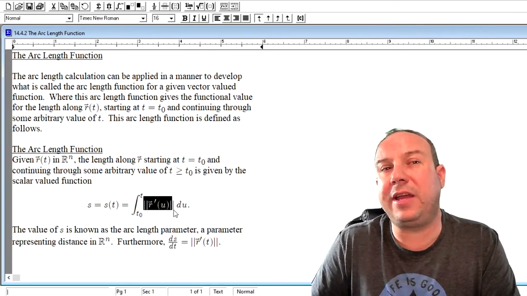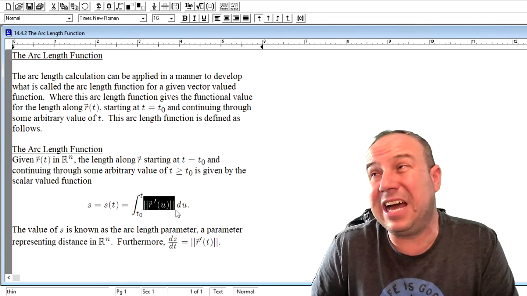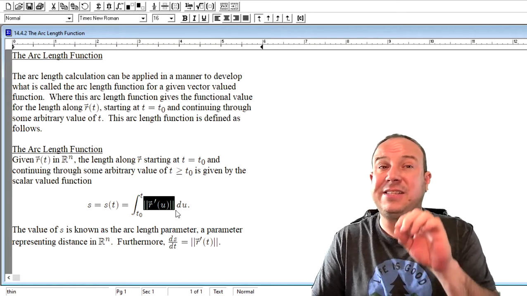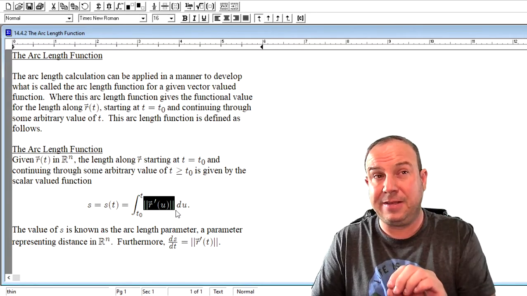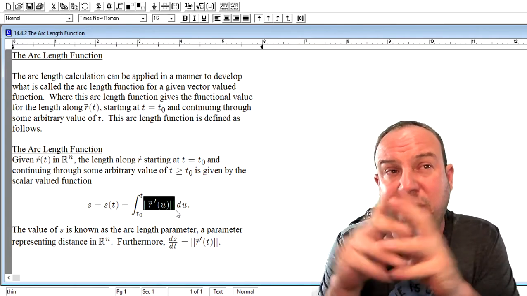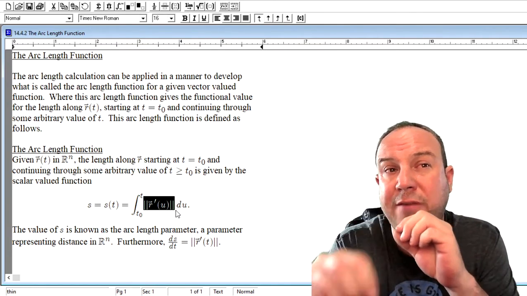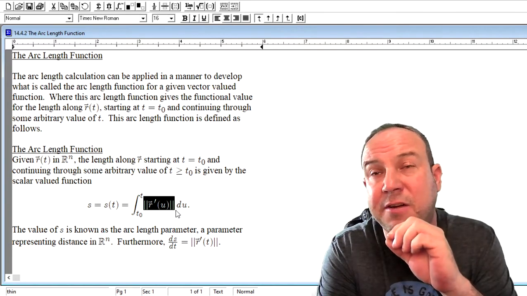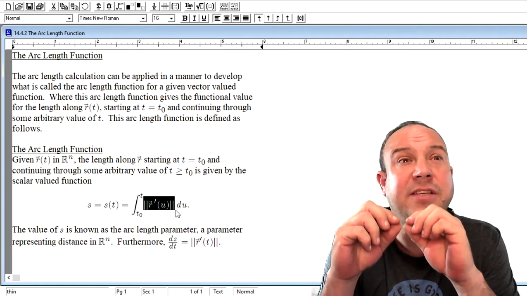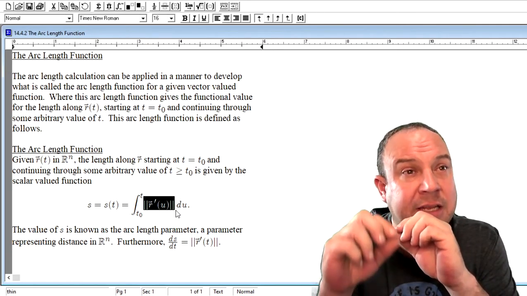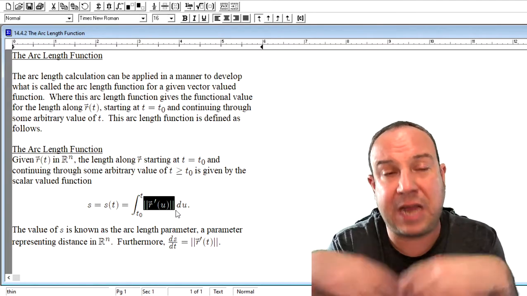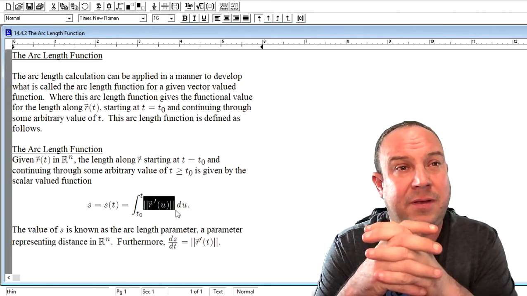We might take note, if we were talking motion in space, the speed. So to figure out this arc length function, and to figure out how far we may have traveled over a given interval of time, we're going to look at how the speed has accumulated over that interval of time, all the infinite speeds that accumulate, and we're going to add those up, right?